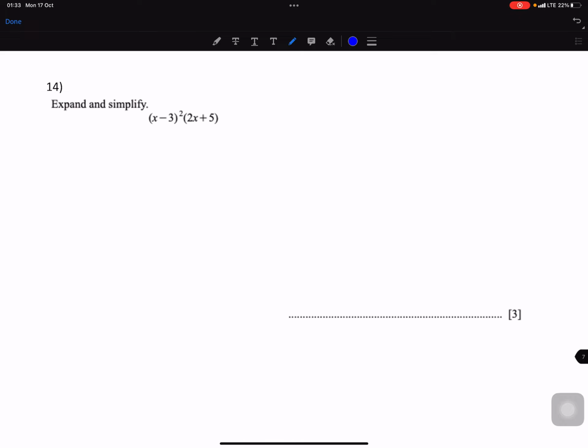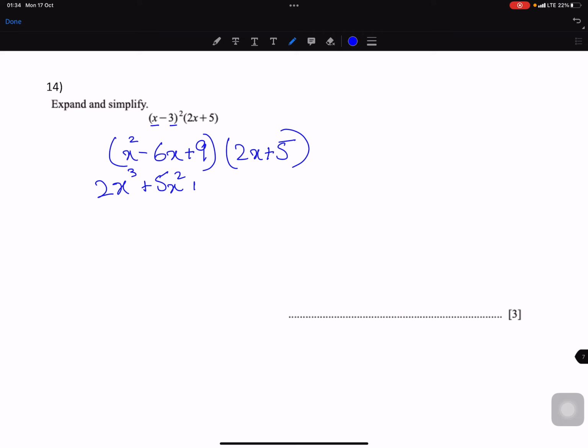Okay, don't forget this. So expand this first. So x squared minus 6x, because x times 3 times 2 is 6. Then plus 9, times 2x plus 5. Then x times 2x gives 2x to the power of 3, and x squared times 5 is 5x squared. Negative 6x times 2x is negative 12x squared.